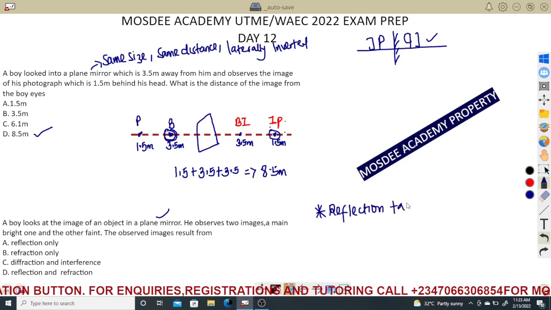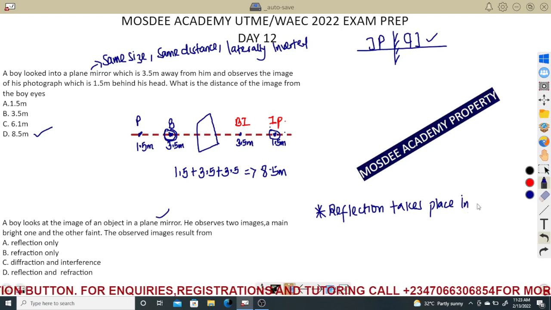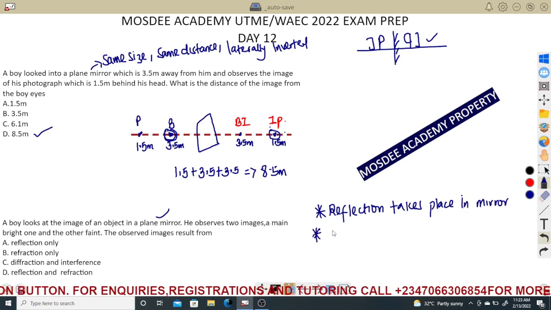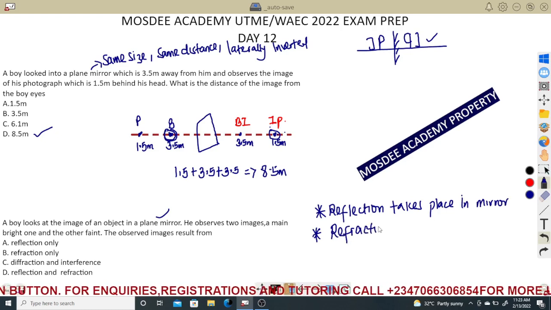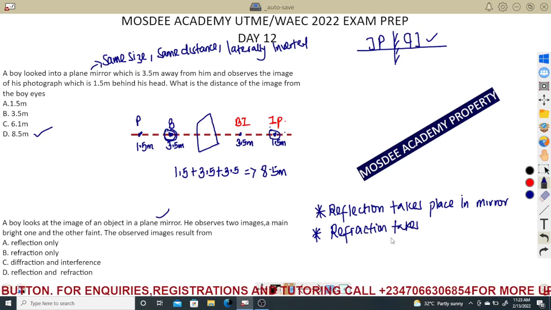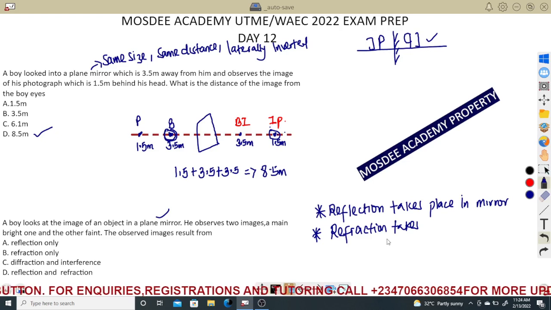Reflection takes place in mirror. Refraction takes place in lenses. Reflection and refraction take place in glasses.